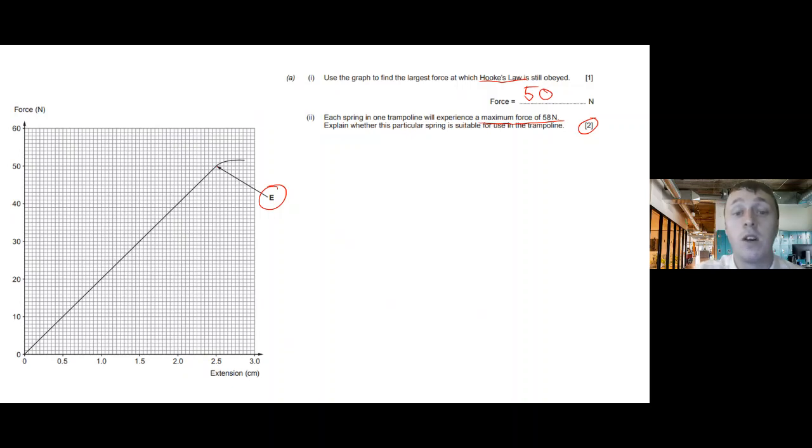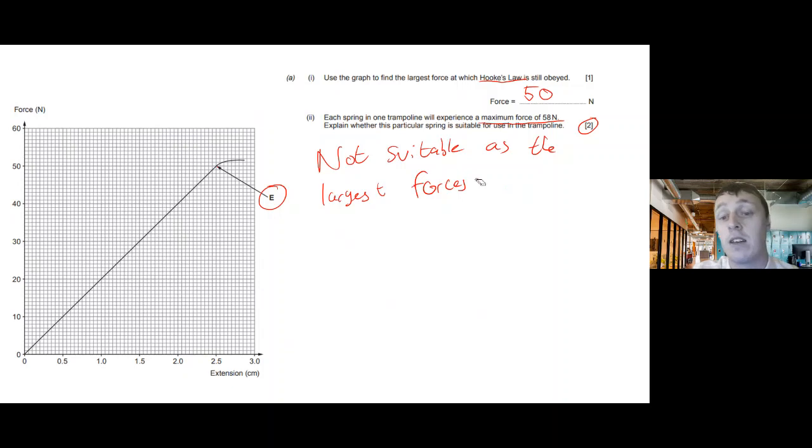So you would say something along the lines of: the spring is not suitable as the largest force the spring can withstand is less than the maximum force it will experience.